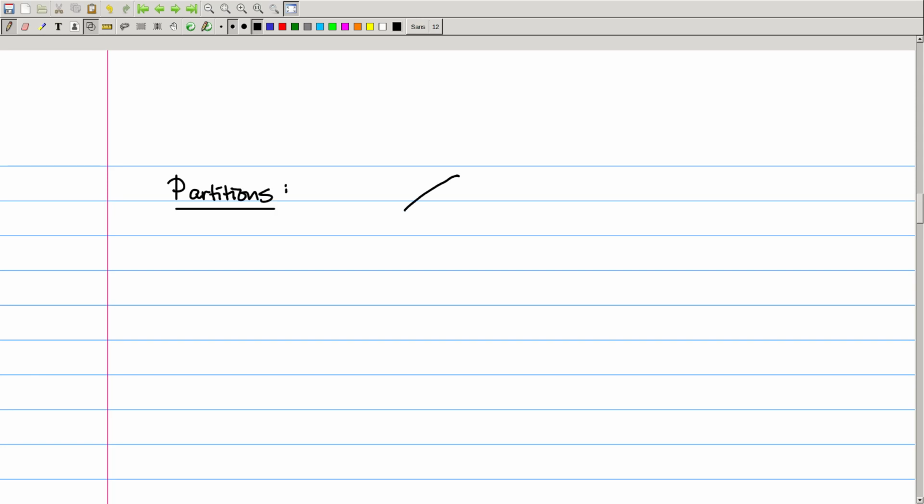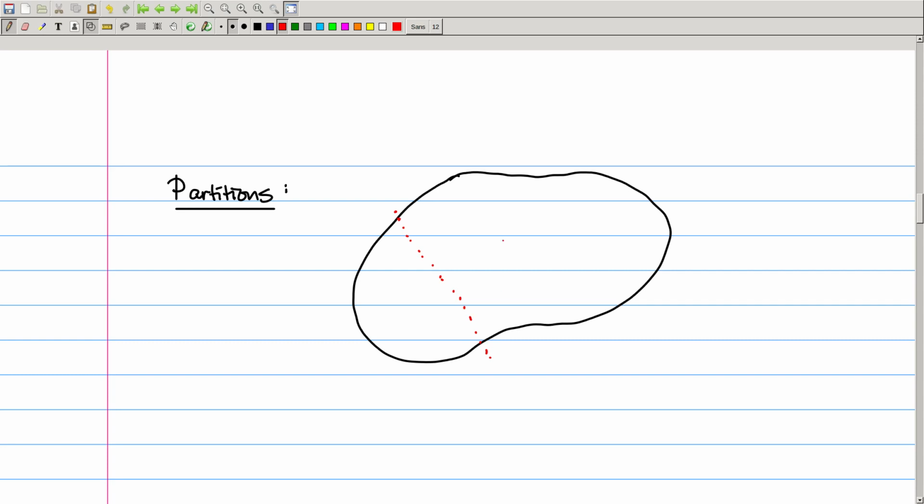Let's think about our set as some sort of big amorphous object. What a partition does is it sections off the set A. Why don't I go ahead and label this set as that set A that we've been working with the whole time? Our partition cuts it up into a bunch of disjoint pieces.